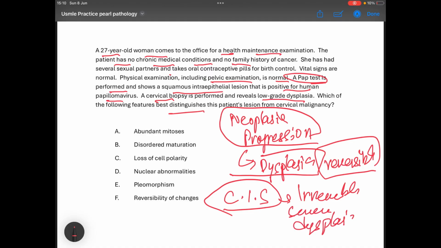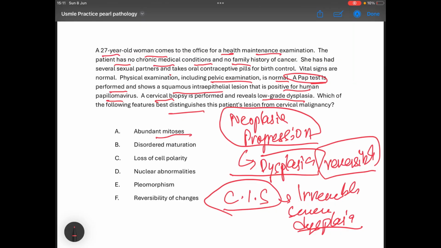In this question they are asking the same thing. We take a Pap smear and find a small lesion positive for human papillomavirus. They say it is low-grade dysplasia, and low-grade is reversible. If I compare the low-grade dysplasia with a malignant tumor, then what will be different between them?